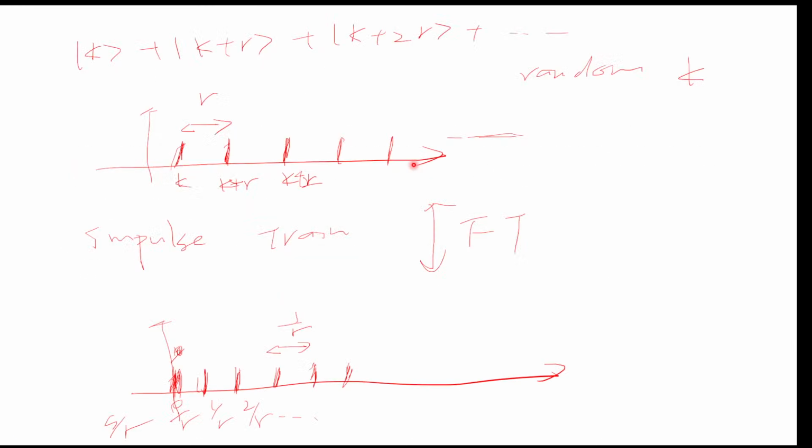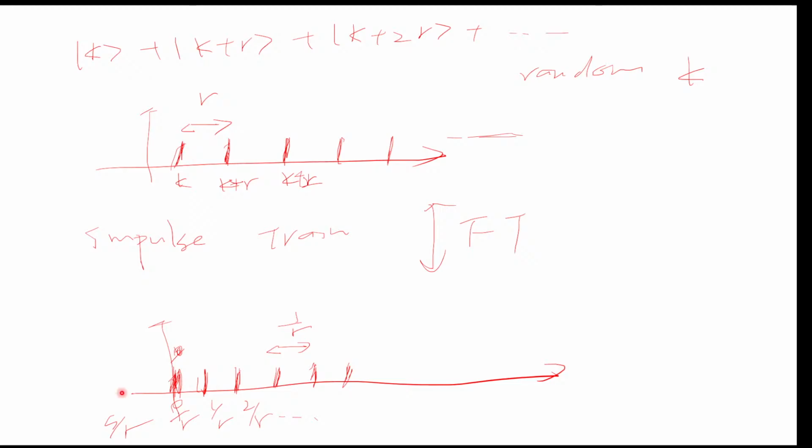This function is actually a very famous function. It's called an impulse train, and if you do a Fourier transform, you also get an impulse train.